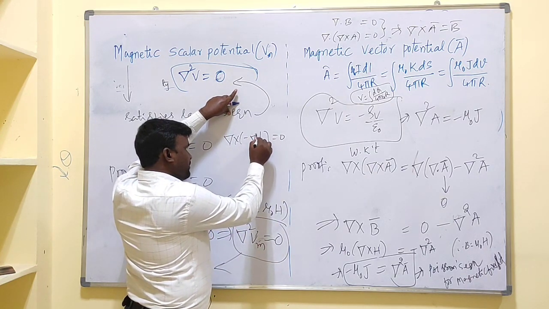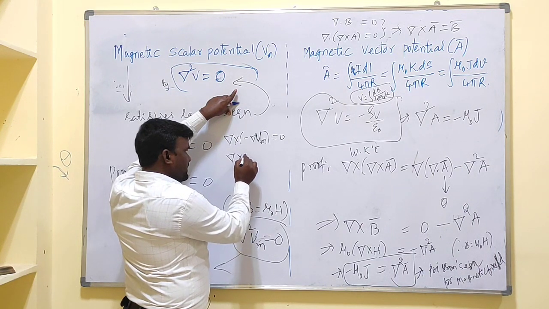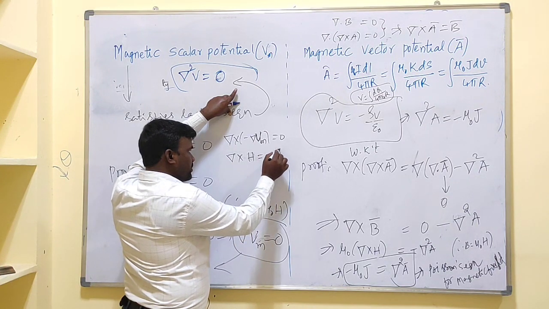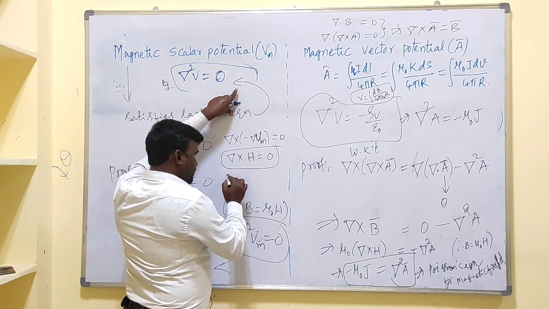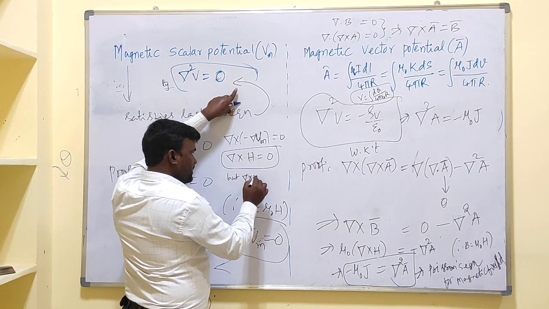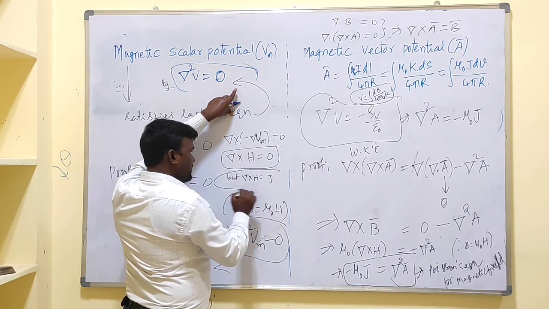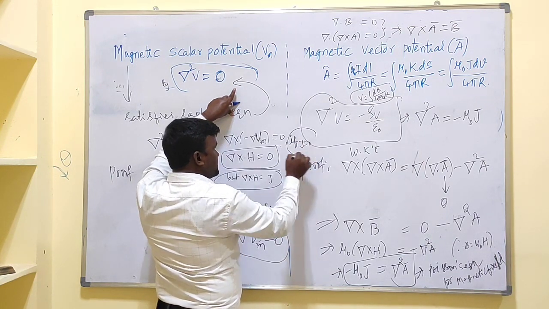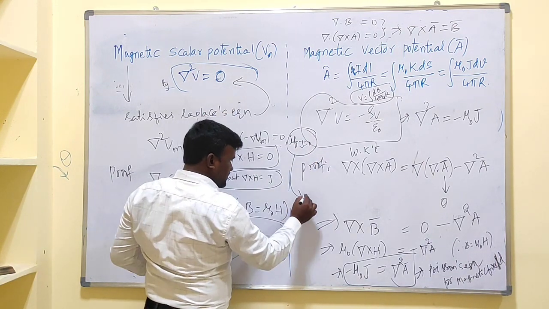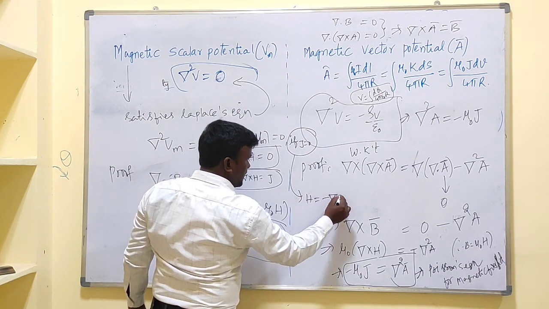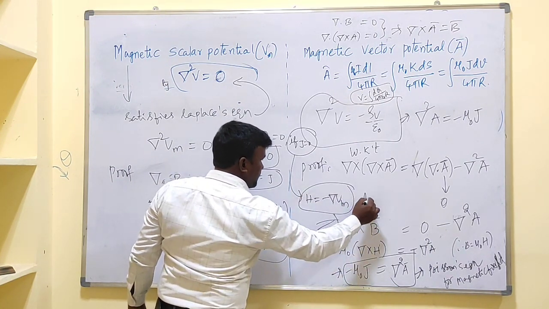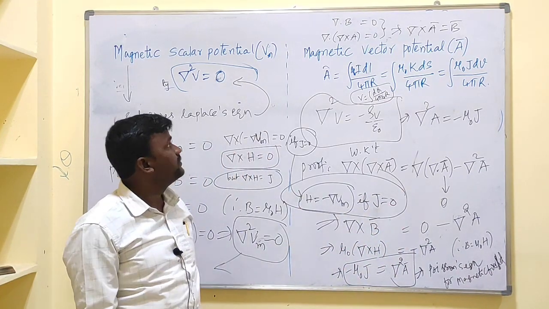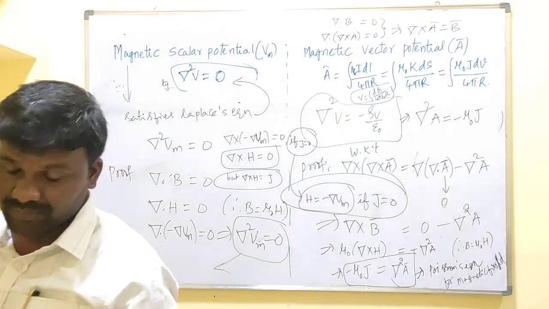It is one of the vector identities. So del cross H equal to 0 lets H be defined as H equal to minus del Vm, but del cross H equal to J. That's why if J equal to 0, H is defined as minus del Vm. Okay, this is all about magnetic scalar and vector potentials. Thank you.